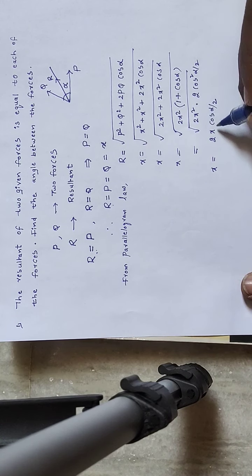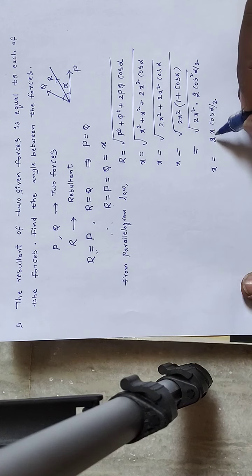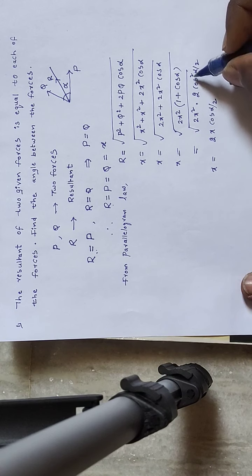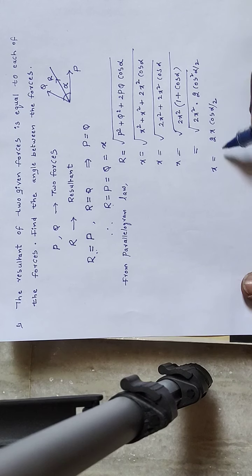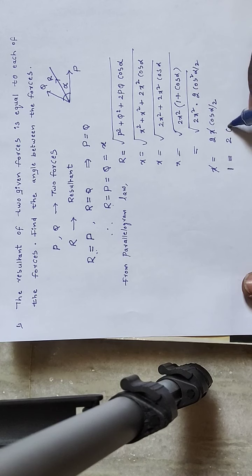So the total value will become 2 into 2, 4. Under root 4 means 2, under root of X square means X, and under root of cos square alpha by 2 means cos alpha by 2. So here X cancels. So the value will be 1 equal to 2 into cos alpha by 2.